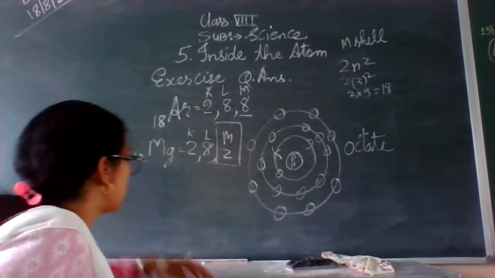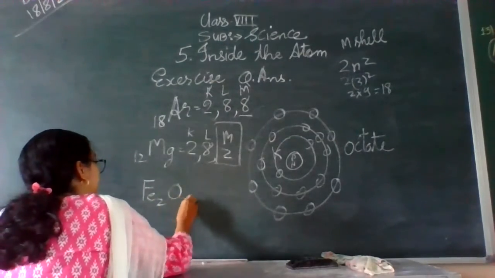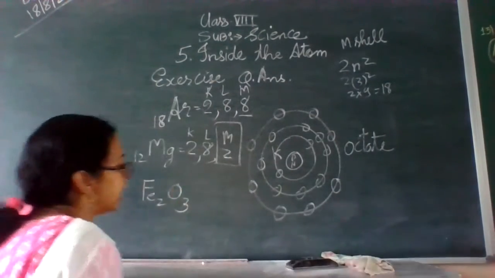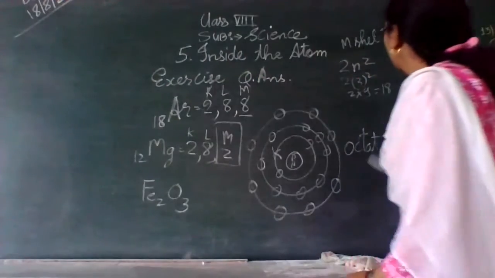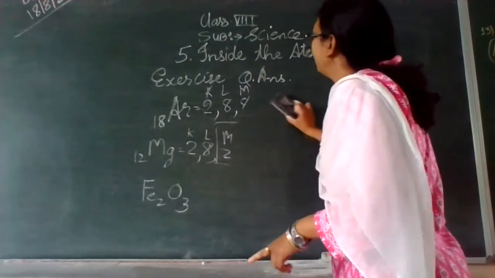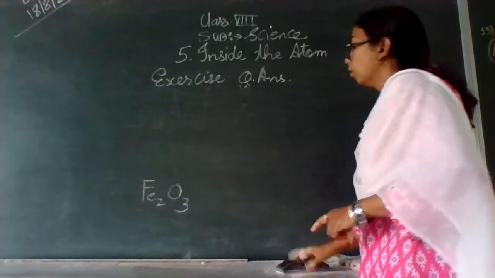Fe2O3 is the formula of ferrous oxide. Sorry, Fe2O3. In that case, I want you all to draw this in your fair copy. You can pause the video and draw.